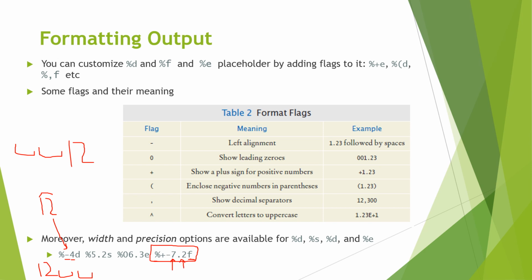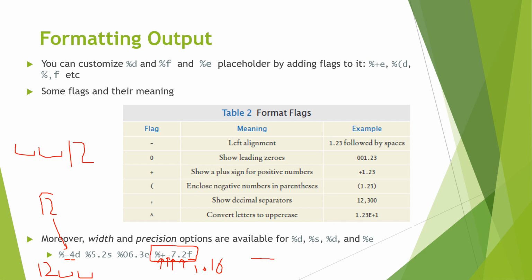And also I can use minus, which means I want left alignment, and I can use plus, which means I want the sign to be explicit. For example, if you have a value like 1.16 and you want to print this using this placeholder, %+-7.2f, then the output should look like this.